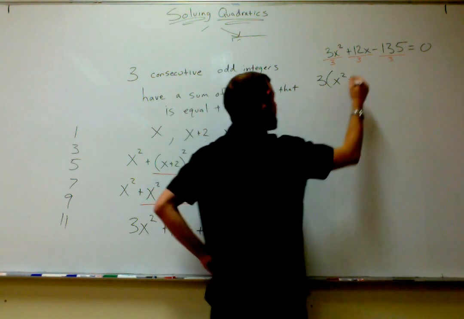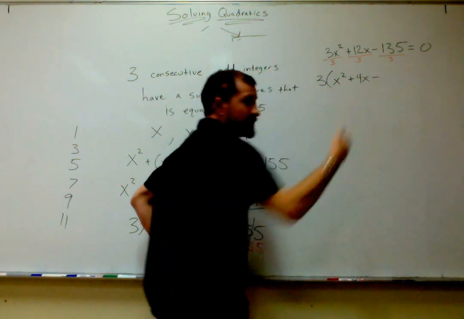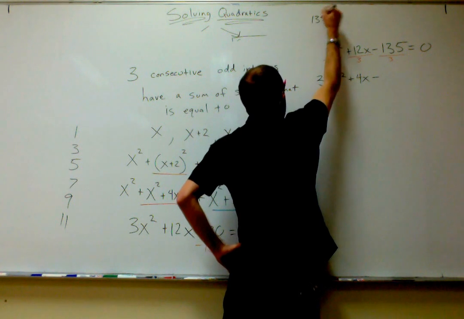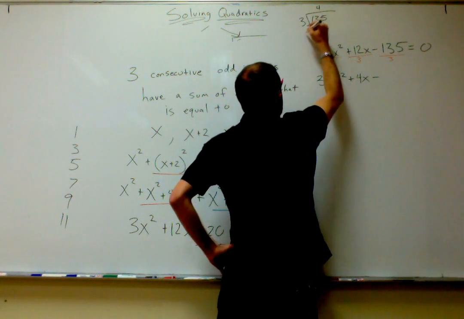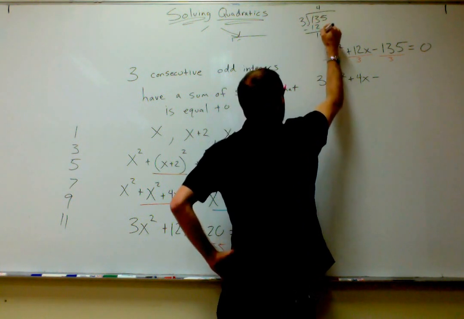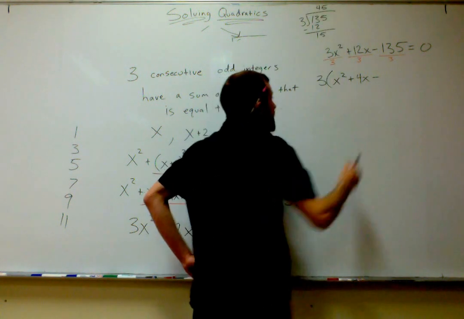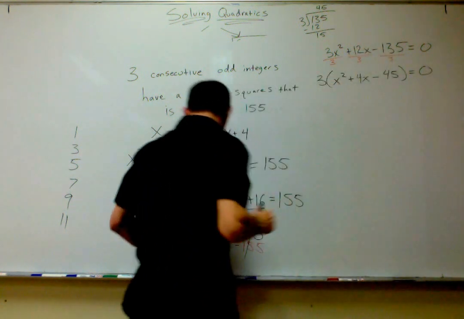So x squared plus 4x minus, still a little bit of long division, yeah? 135 divided by 3, what do we get? 3 goes into 13 4 times, that's going to give us 12. Subtract, 1, 15. 3 goes into 15 5 times, so we have 45 equals 0.